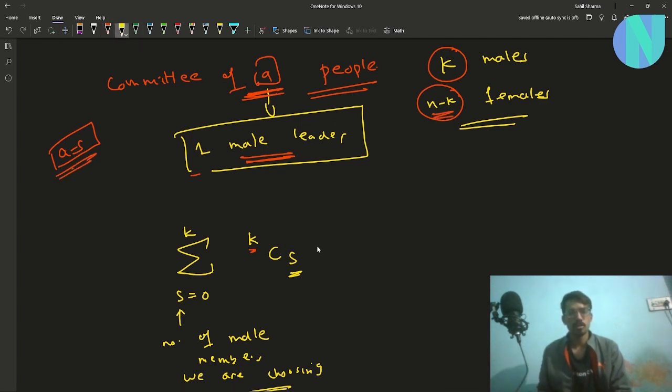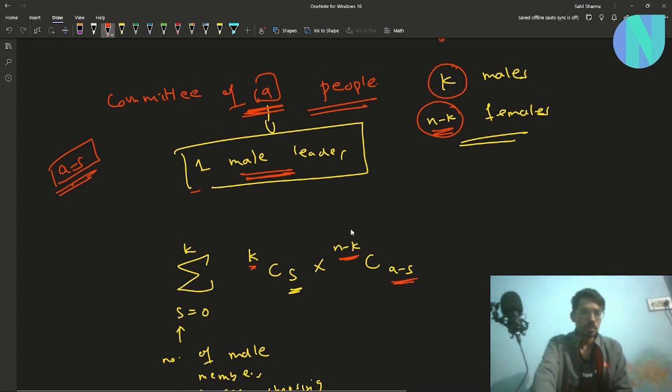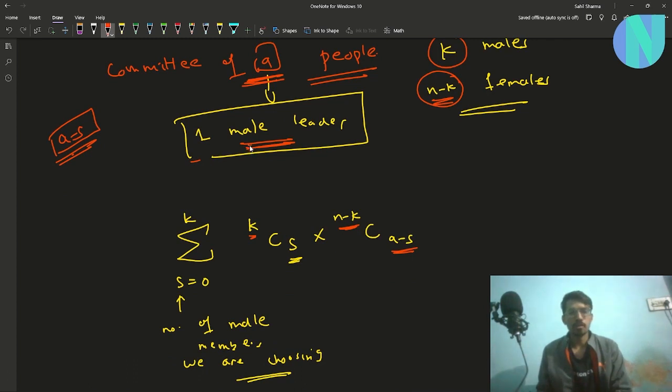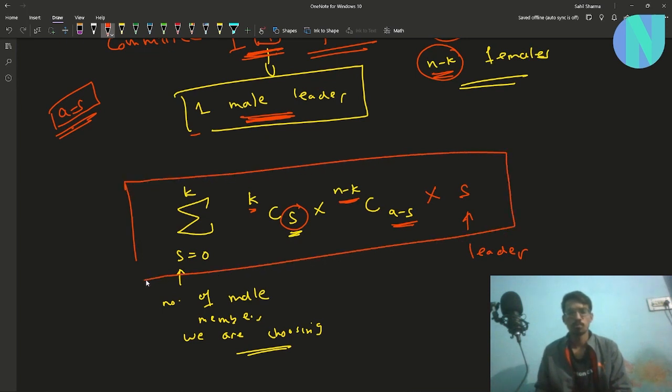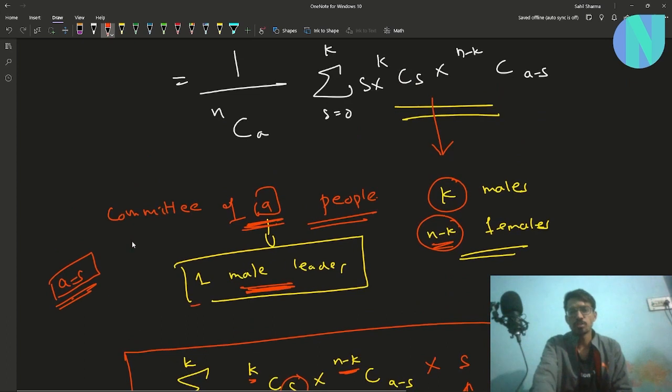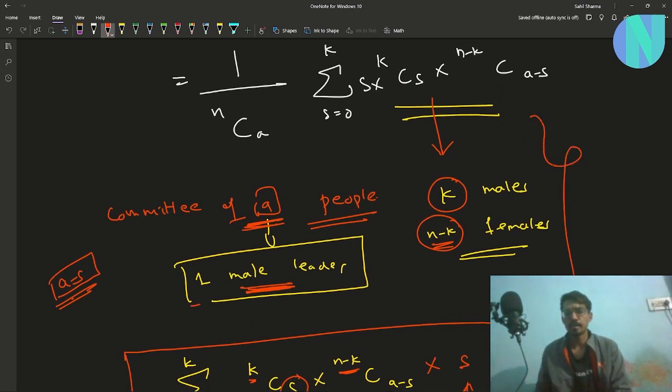So you can say KCS into (n minus K) C (A minus S): for the leftover A minus S slots we choose from the n minus K females. Now every committee must have one male leader, and as we have chosen S male members, there are S ways to choose a leader. So this will be the answer to the problem, and if you match these two expressions, they are exactly equal. So this expression is nothing but the answer to this problem.